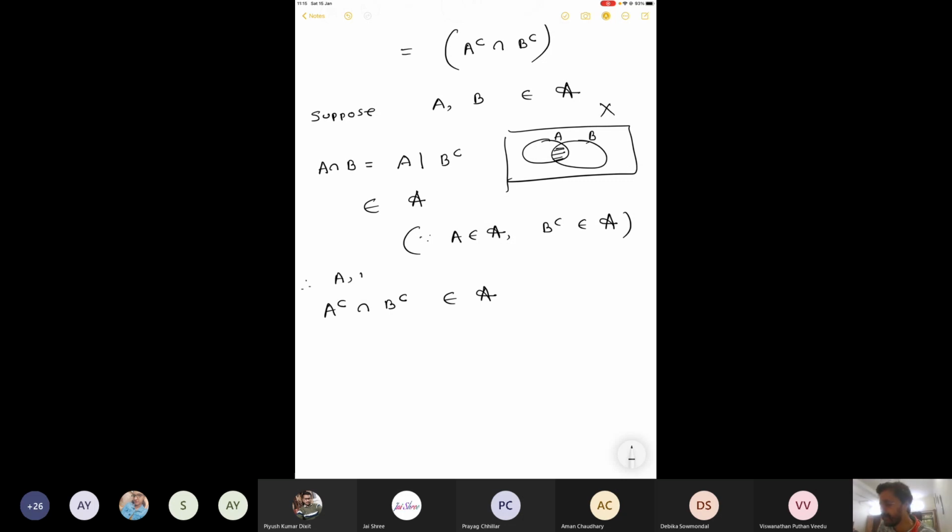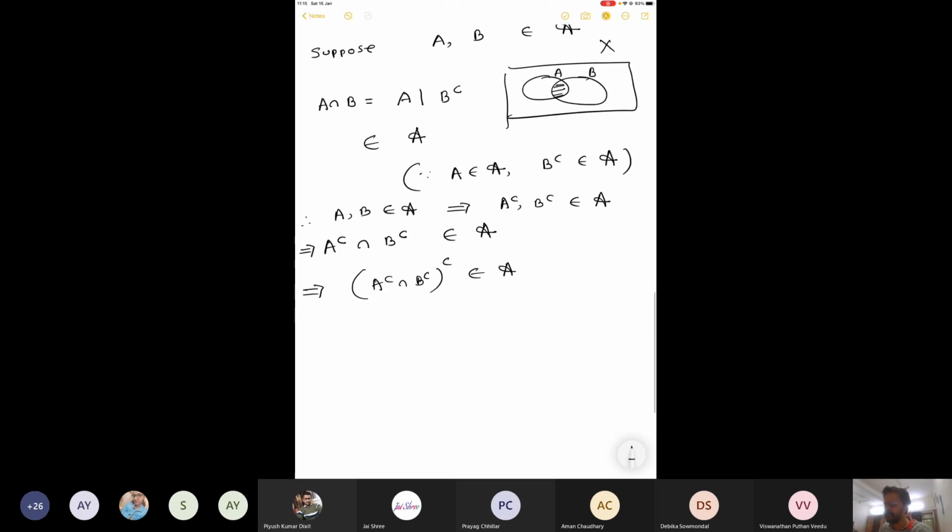Therefore, A, B in A implies A complement and B complement are in A, and that implies A complement intersection B complement is in A, and that implies the whole complement of A complement intersection B complement is in A. All these are set theory, and that will imply that A union B is in A, and we are done.